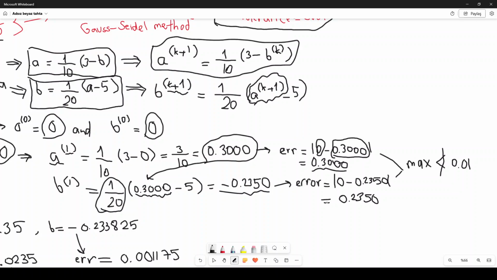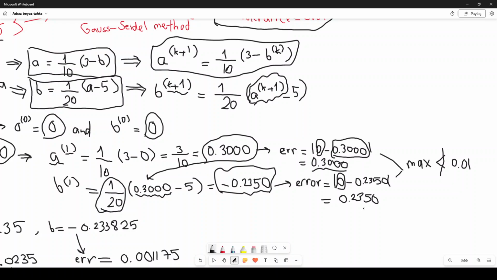And I do the same thing for the unknown variable b. So the value of b with respect to the first iteration, in other words, based upon the results we obtained in the first iteration, is minus 0.2350. So the initial guess for b is 0, and I just take the difference and I take the absolute value. So don't forget to take the absolute value. We look at the absolute values.